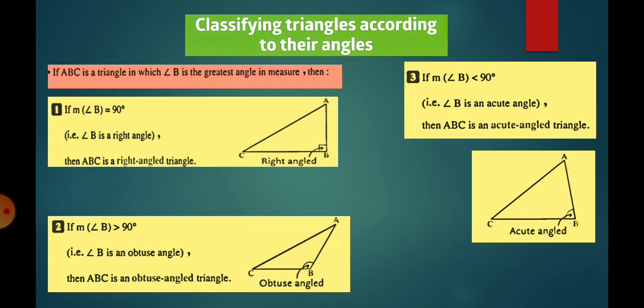If the three angles are each less than 90 degrees, it is called an acute angled triangle. If in a triangle one of its angles is greater than 90 degrees, it is an obtuse angled triangle. If in any triangle one of its angles is a right angle, it is called a right angled triangle.